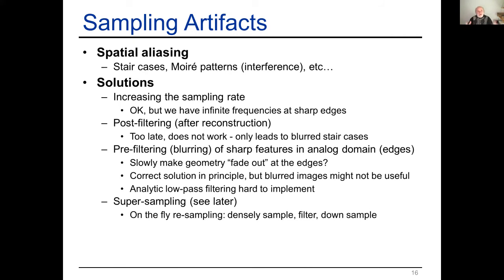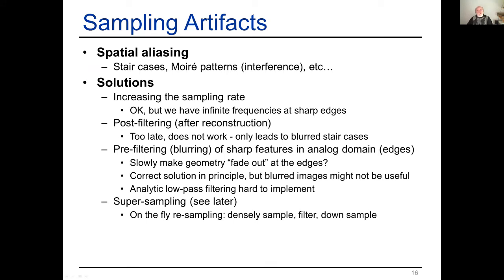Blurring, as we saw, is essentially a low-pass filter removing high frequencies. Yes, but then you would take a photograph of a blurred image, and that might not be what you want. We don't have a way to selectively, in the analog domain, remove artifacts or remove high frequencies as we want to do here. It's really hard to do. So we have to live with the problems that we have.